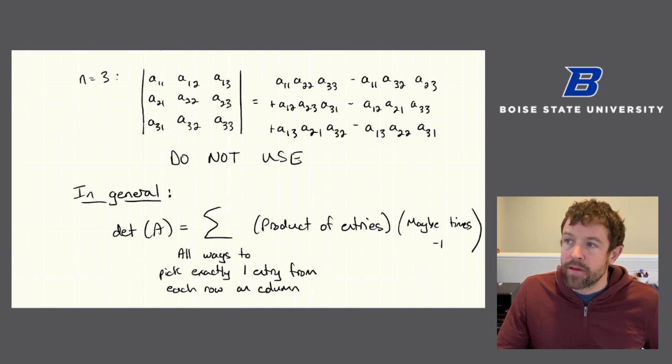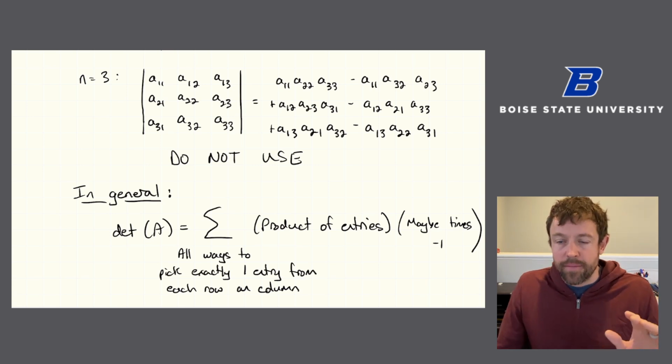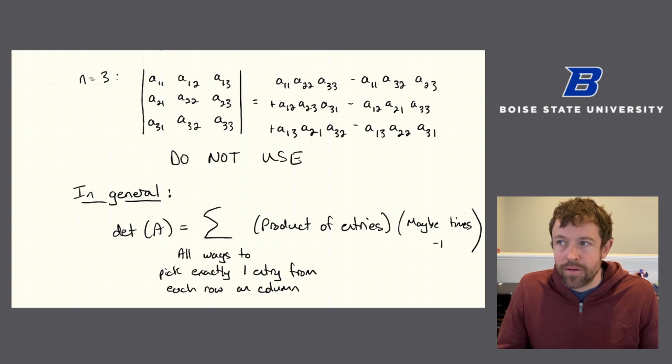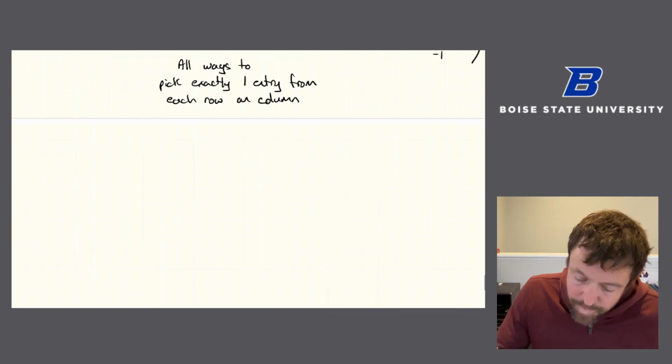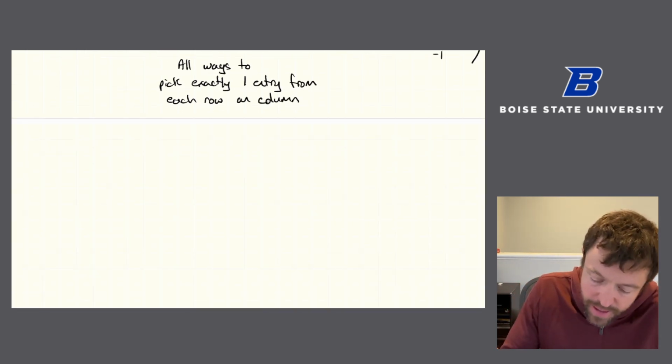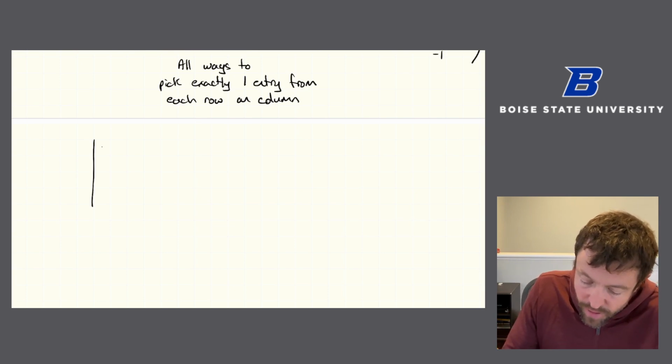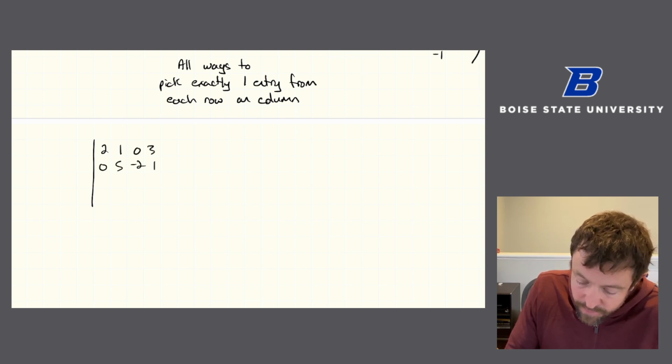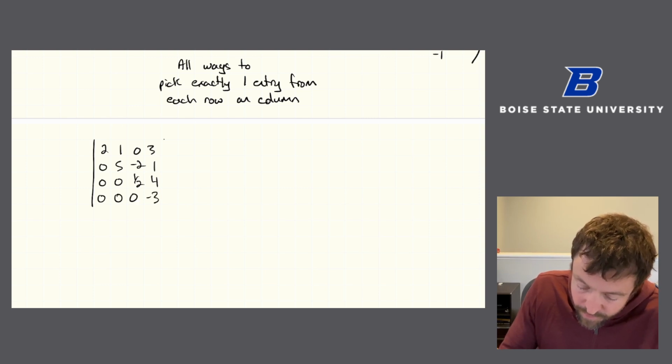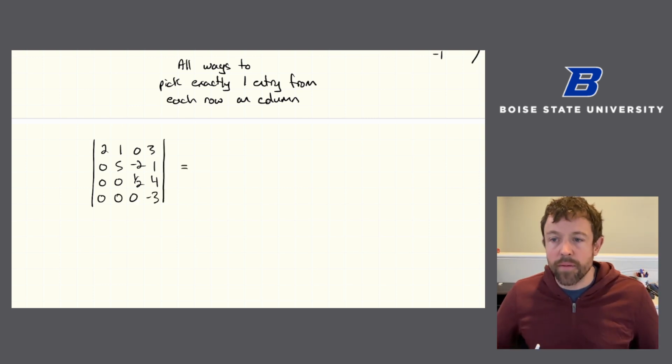Okay. So I've claimed that this is useful without giving you any sense. So I want to give you an example where this is useful. I want to calculate the determinant of the following 4x4 matrix.